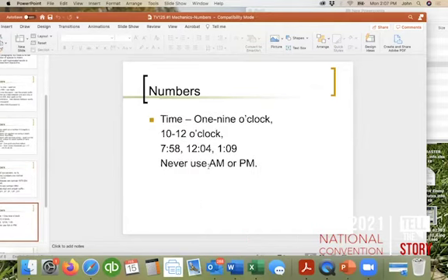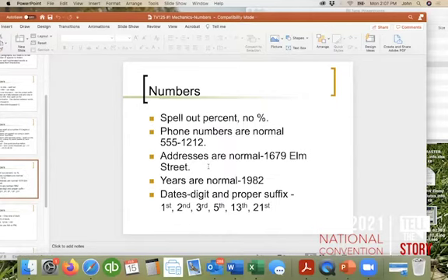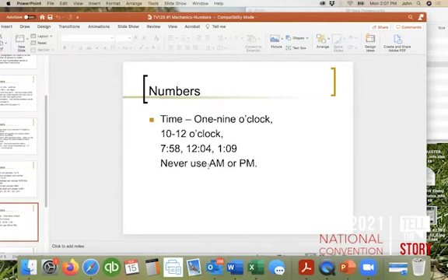Phone numbers are normal, addresses are normal, years are normal, dates, digit, proper suffix, that's fine. Time, I avoid AM and PM. I'll just say, 9 o'clock this evening, 7 o'clock yesterday morning, something like that.